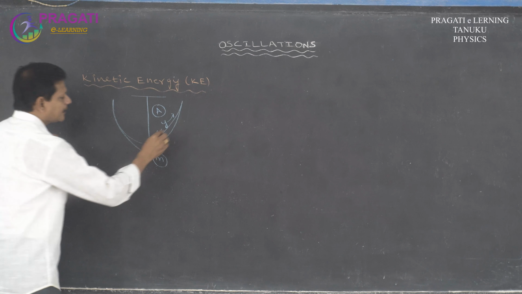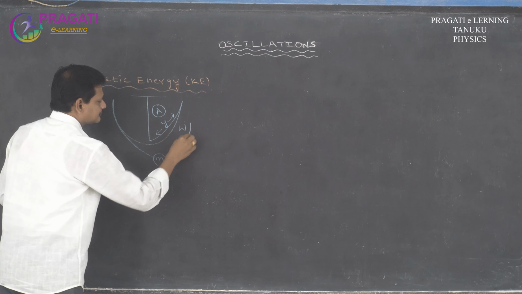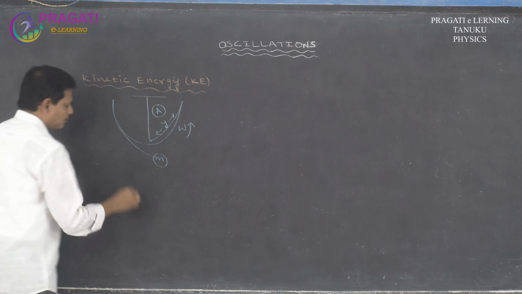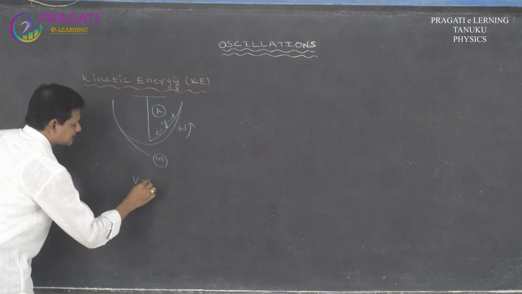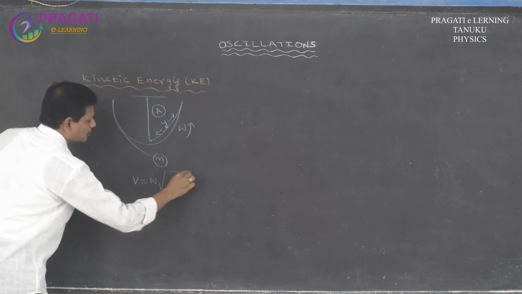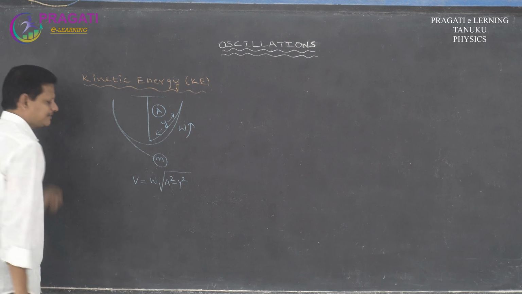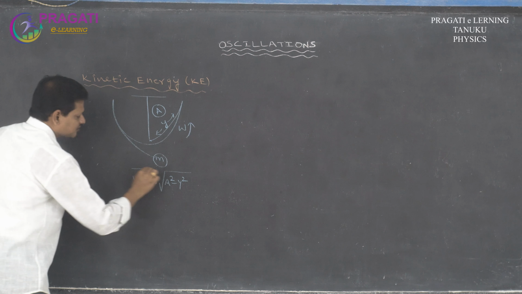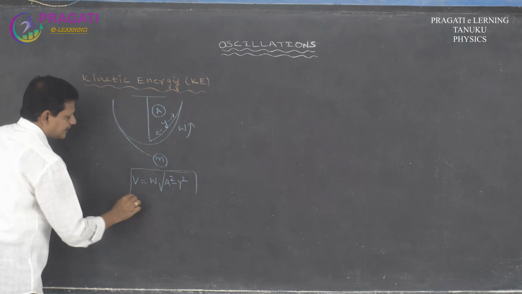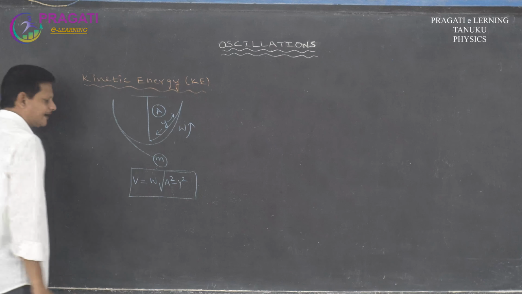If omega is the angular velocity, then we already know the expression for the velocity, v is equal to omega into root over a square minus y square. This is the expression for the velocity of the particle in terms of displacement and amplitude.